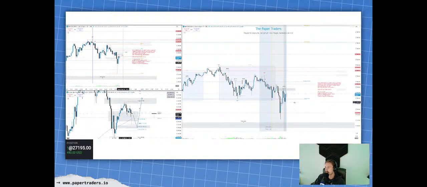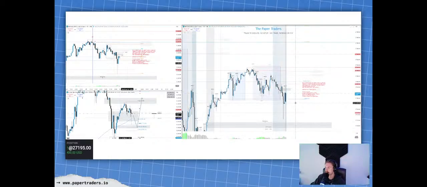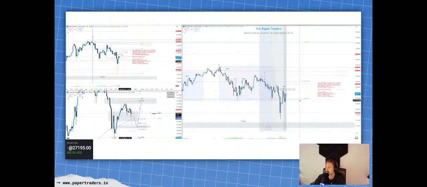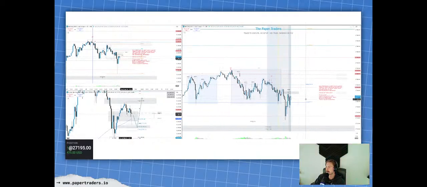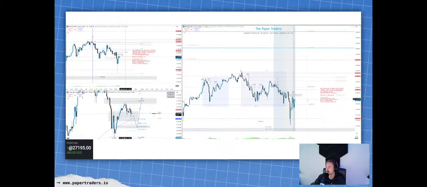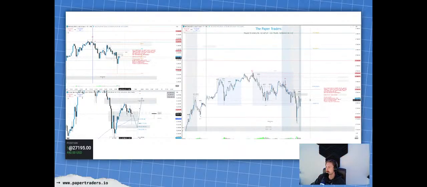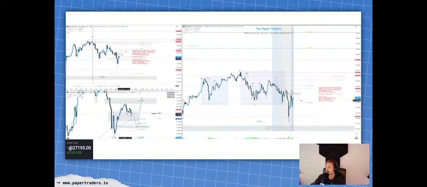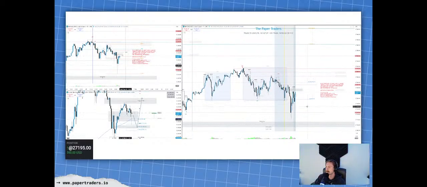We got 10 more minutes left in the candle. See where she wants to go. It's a decent close. See if they continue this to the upside there.